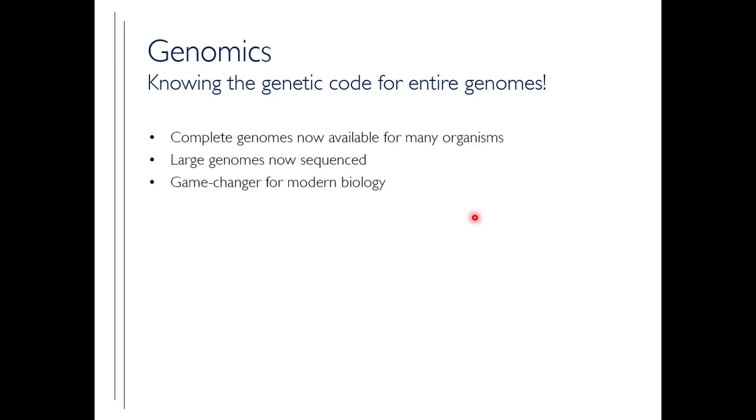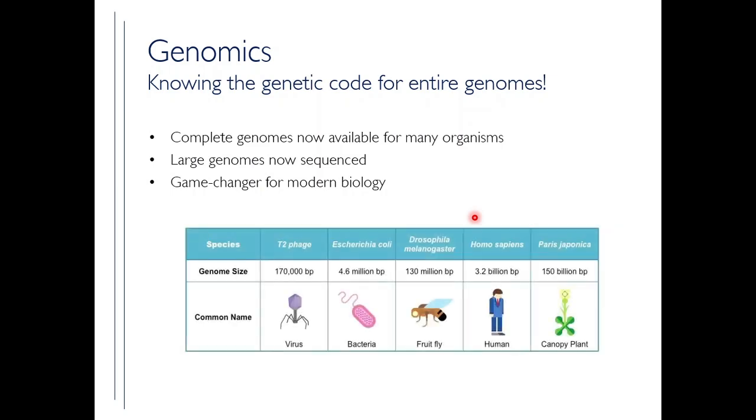I briefly want to talk about genomics. So again, this is a bioinformatical procedure whereby we can sequence genomes and analyze those sequences. And as you can see here, in the 1970s, we were able to sequence 170,000 base pairs, which was a virus, T2 phage.